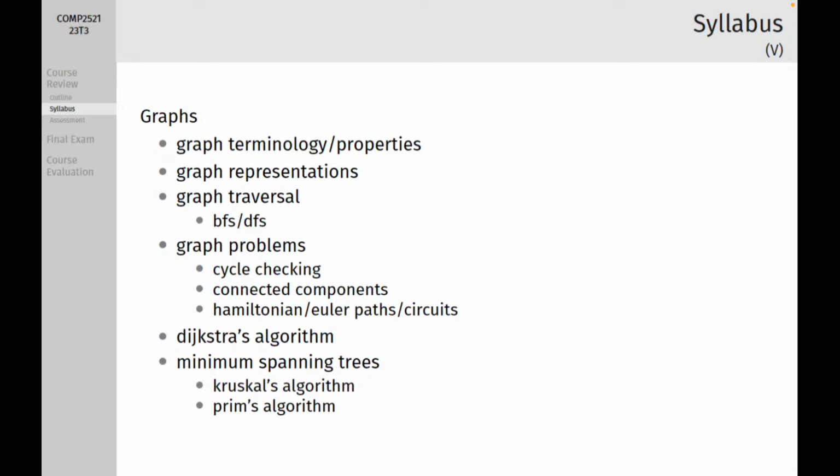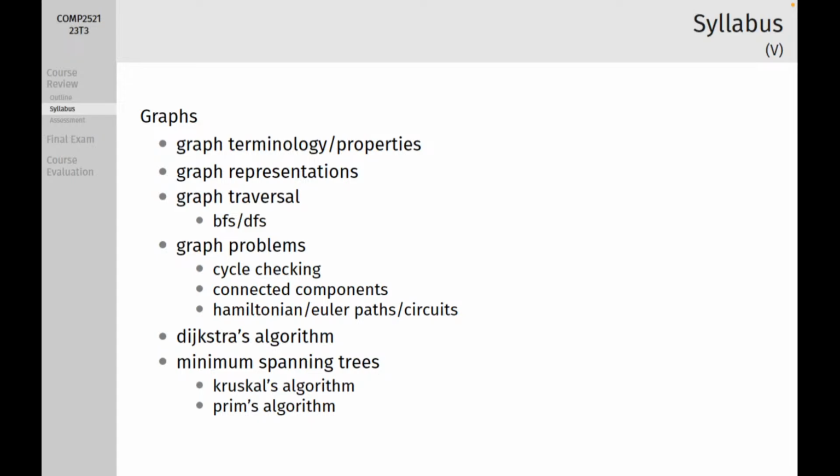Okay, then we went on and looked at algorithms on weighted graphs, which were Dijkstra's algorithm, which we used to find the shortest path in a weighted graph, and also a bunch of minimum spanning tree algorithms, which were Kruskal's algorithm and Prim's algorithm.